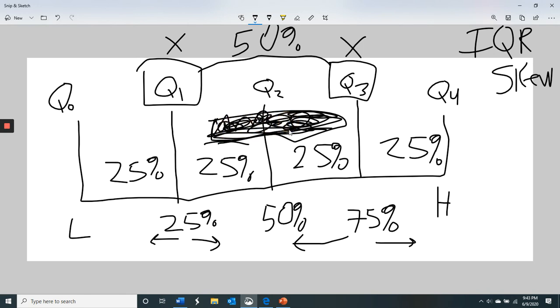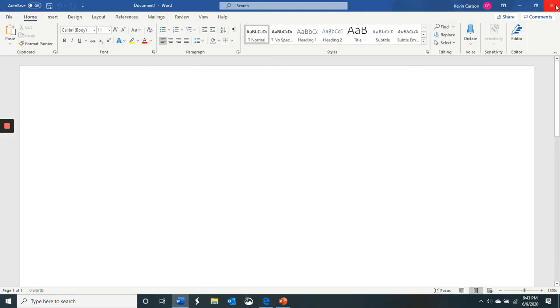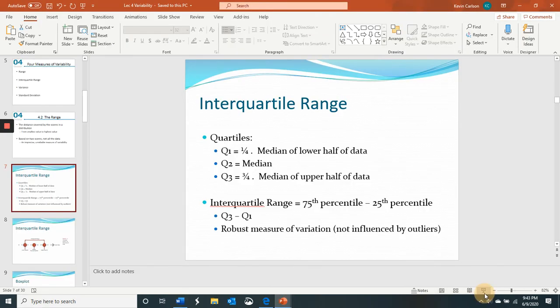Let's just look at that middle of the distribution and see how far Q3 differs from Q1. So that's what the IQR is. That's conceptually what it is. And actually, that's how you do it too. And we'll look at how to do it here.